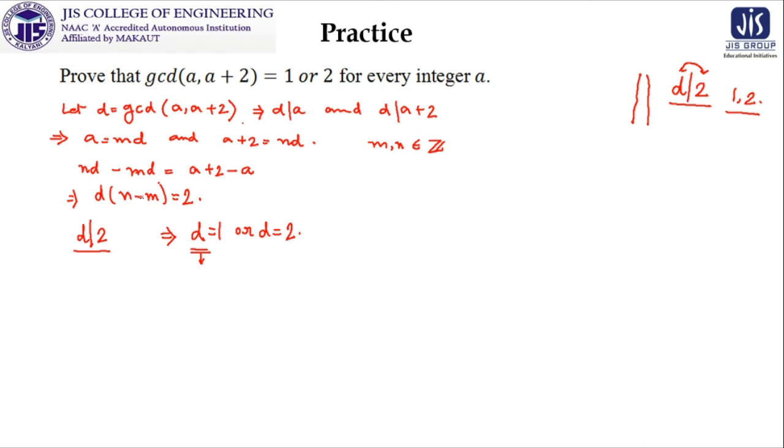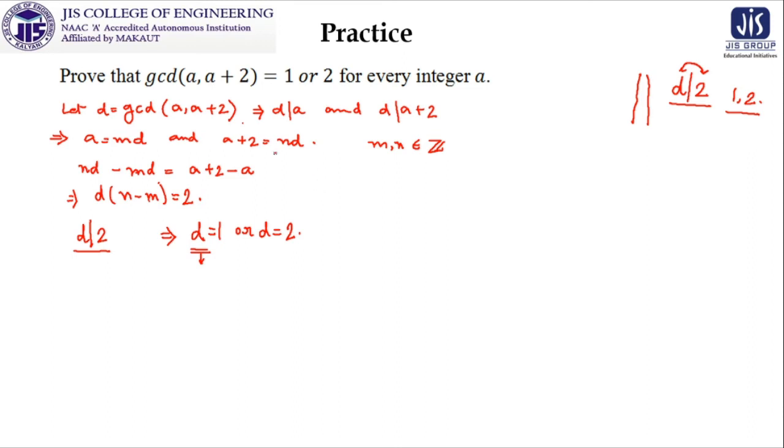But think about it, you are getting two numbers whose product is 2, and M and N are coming from the set of integers. So there is no question of any fraction. So N minus M will also be one integer.